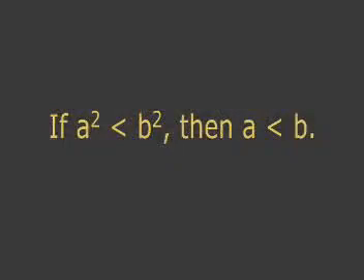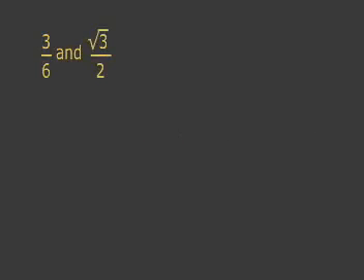A third property is derived from the trichotomy and transitive properties. For any two non-negative real numbers, A and B, if A squared is less than B squared, then A is less than B. Take, for example, 3 over 6 and the square root of 3 over 2.